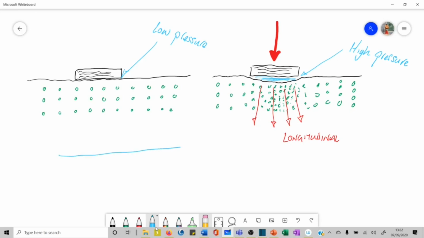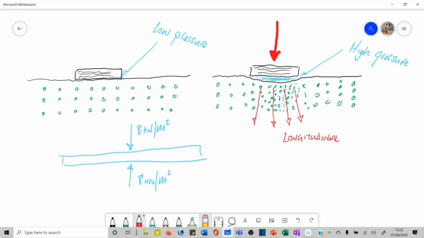If you force down on a table, let's say 8 kilonewtons per square meter, there is an opposite and equal reaction of 8 kilonewtons per square meter. So there has to be some sort of movement. The table gives way, the molecules move in a longitudinal fashion, and there's an area of high pressure just here, and because of the opposite and equal reaction, something has to give.